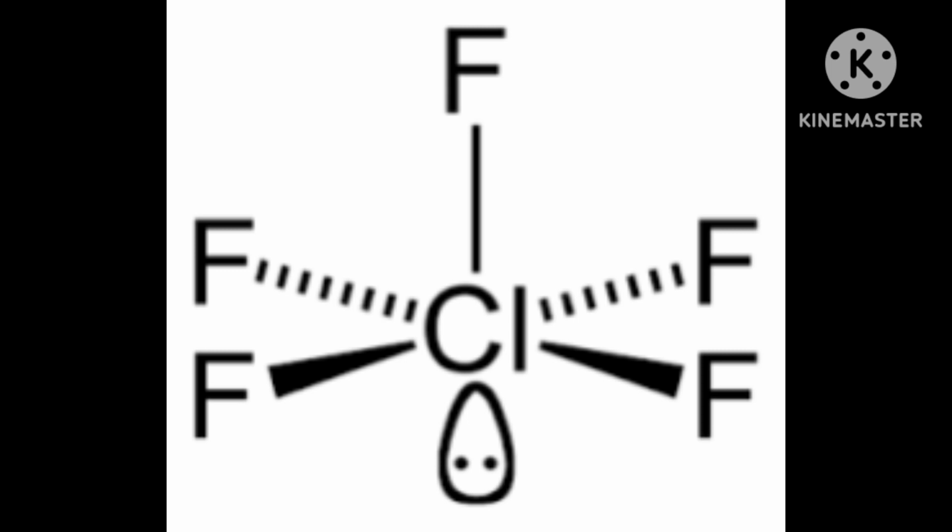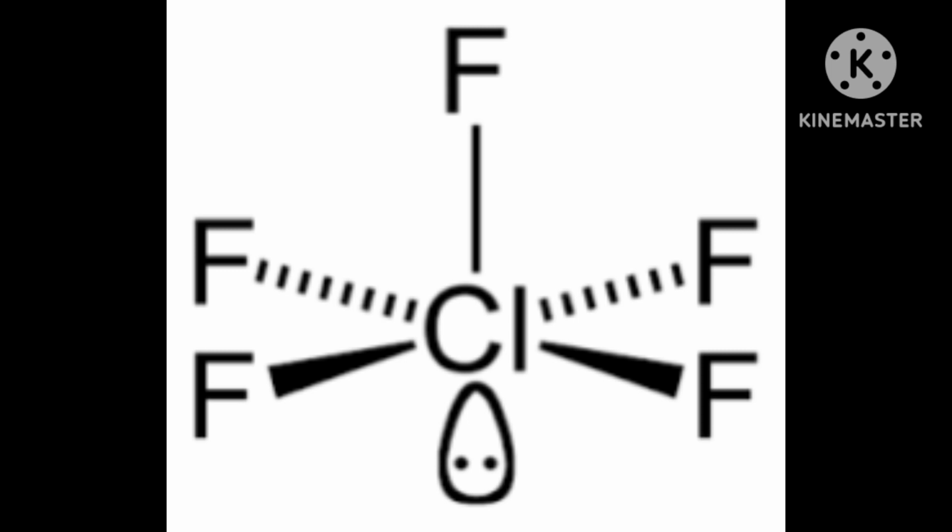And again it forms ICl, iodine chloride. Its color is ruby red solid. ICl is a solid in alpha form, called ruby red solid. The other is beta form, which is a brown red solid.